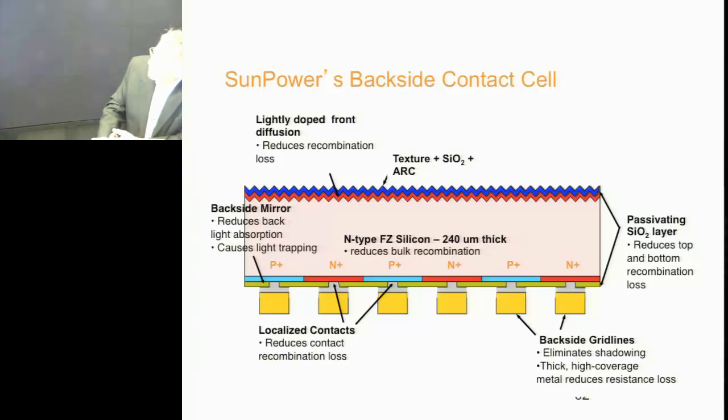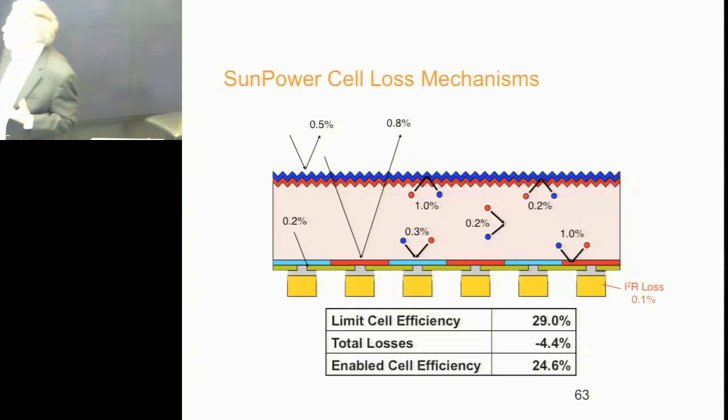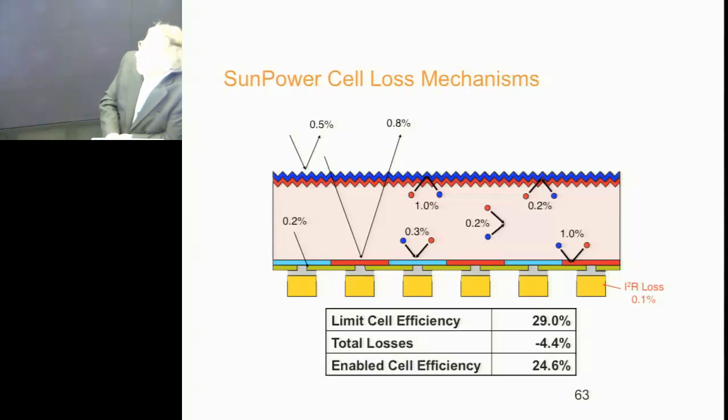This just shows a Sunpower cell cross-section, and we are able, with cell modeling codes, to tell you everywhere the energy is going within the cell. So of the energy that's generated internally in the cell, 0.2 percentage points is this bulk recombination. 0.2 is occurring here at the surface. 1% is occurring at the percentage point. 0.2 is in the diffusion.